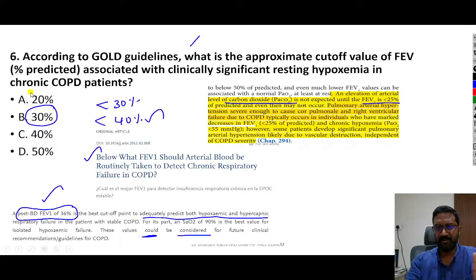Except this question, I'm also not very confident how many students could actually guess this, because it is not there in GOLD guidelines to say when do you call it clinically relevant hypoxemia, because most of the classical guidelines mention that FEV1 is just a parameter to appreciate the patient's lung function, but it cannot say when he will develop hypoxemia.